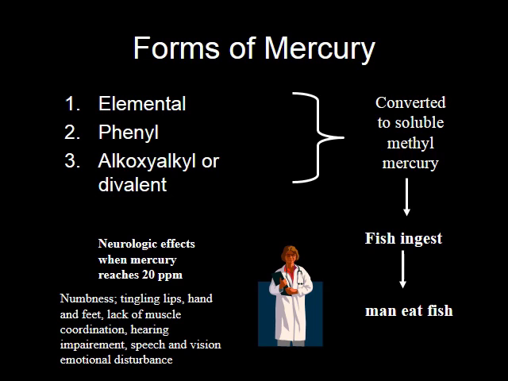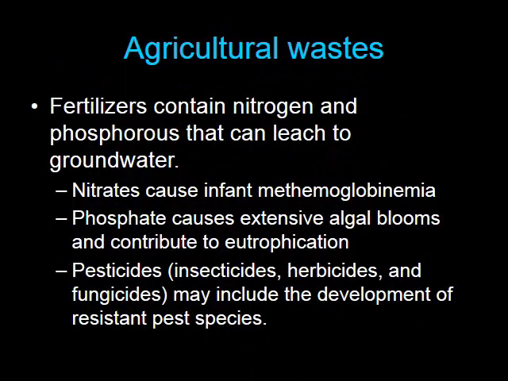There is one case in Japan wherein the whole town experienced the same symptoms. It happened in Minamata, Japan. That's why we call mercurial poisoning sometimes the Minamata disease, named after the town in Japan wherein the symptoms of mercurial poisoning were observed.